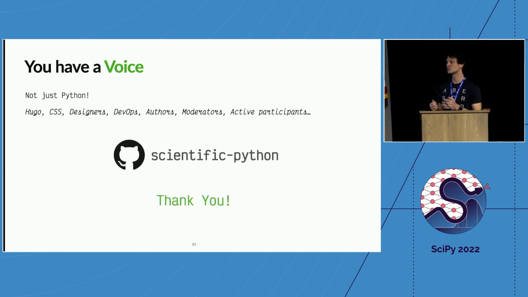But we also invite you to actively participate in building all the tools that we're providing to you and that we're all building together. We need Hugo experts, CSS experts, designers even, DevOps, authors for the blog. On the blog, we have just a few articles now, and it's very limited, but we invite everybody to write an article.